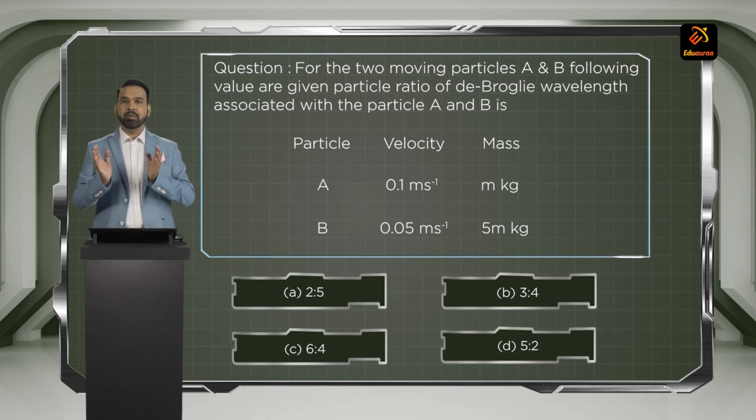Here the constant is the speed of light, 3 into 10 raised to 8. Velocity and mass of particle A are given. Find out lambda A and then find out lambda B using the same expression, and the ratio between lambda A and lambda B should come as 5:2.